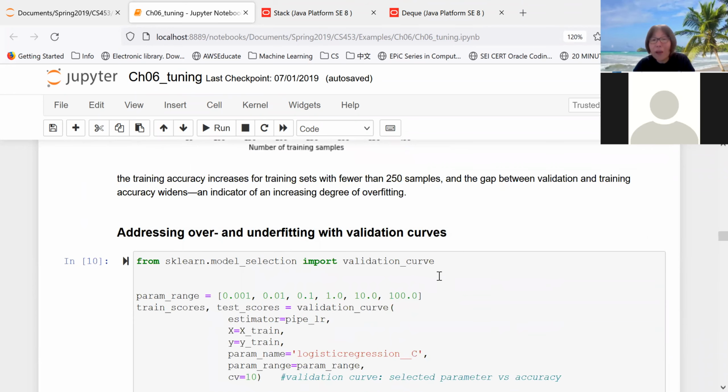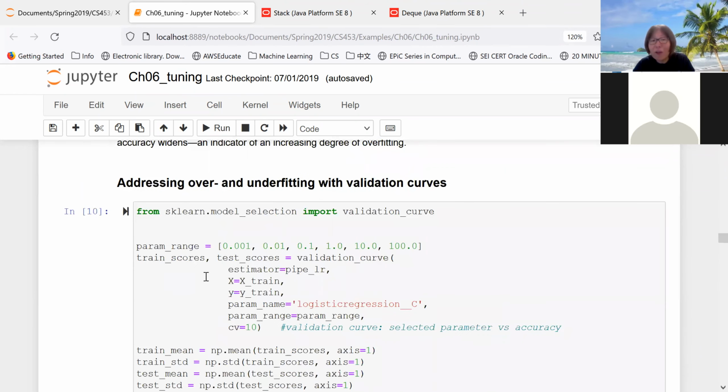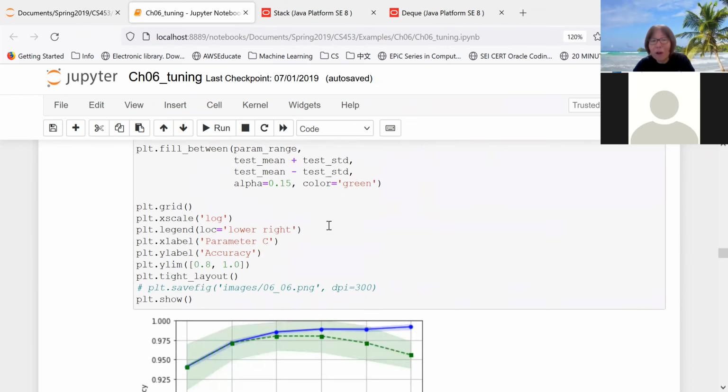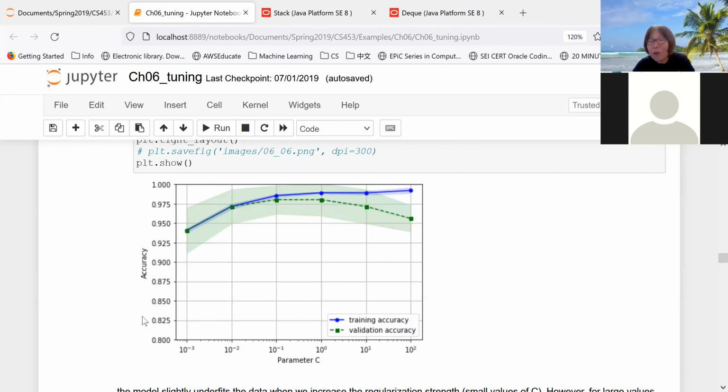The other one is the validation curve, where you change the parameter range and collect the accuracy, then find the best one. In this case, the gap between training and validation grows bigger when C is larger, so that's not good.